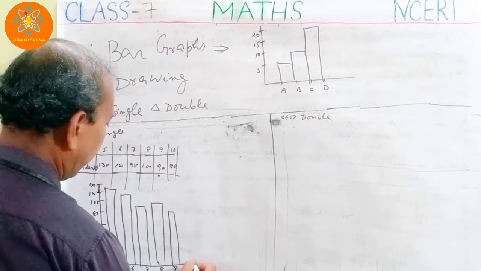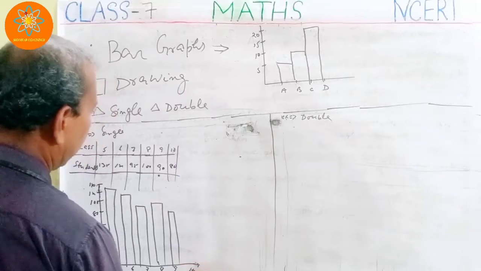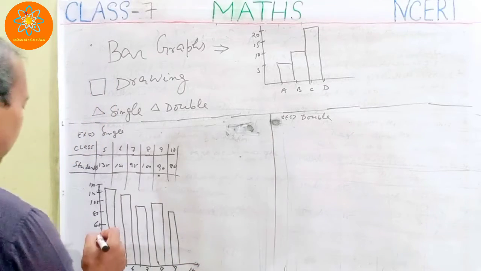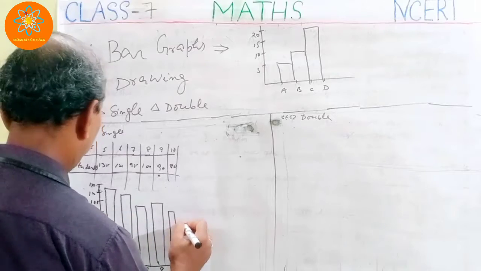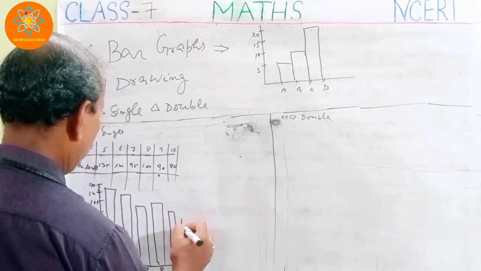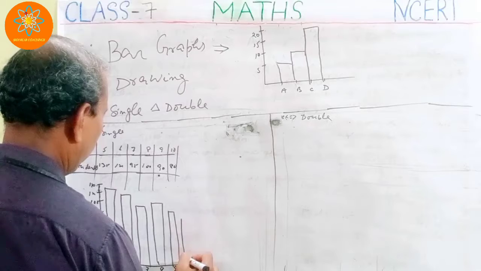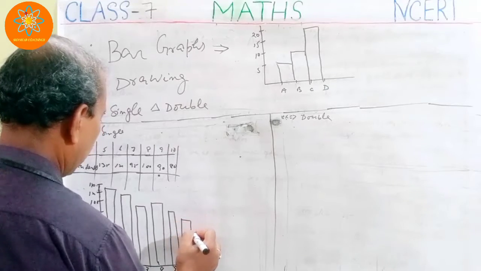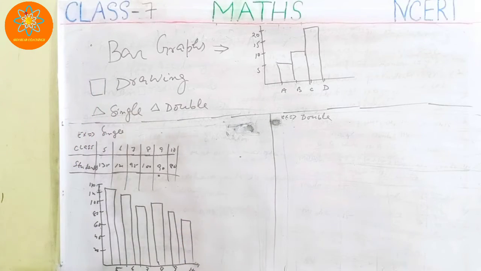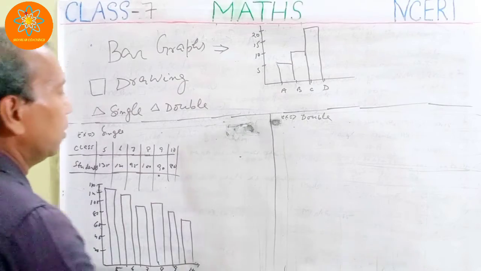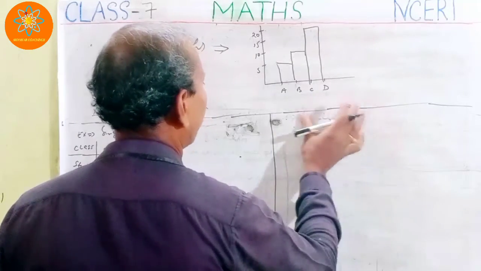And lastly I have the 10th class. For the 10th class it is 80. So only single data is here. That's why it is a single bar graph. Now come to the next one.